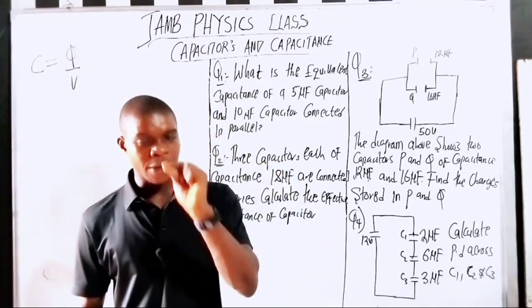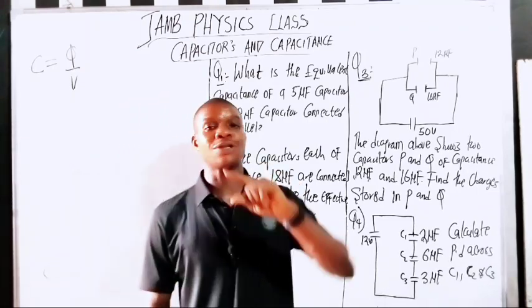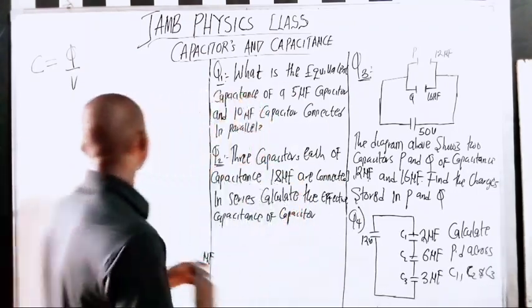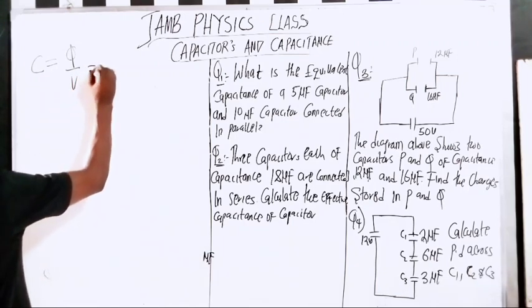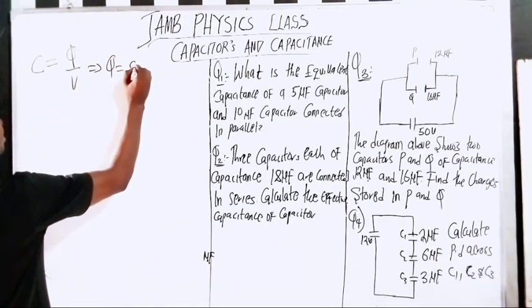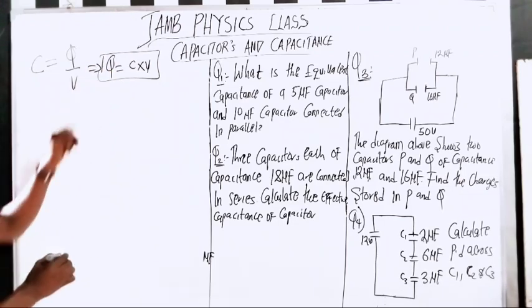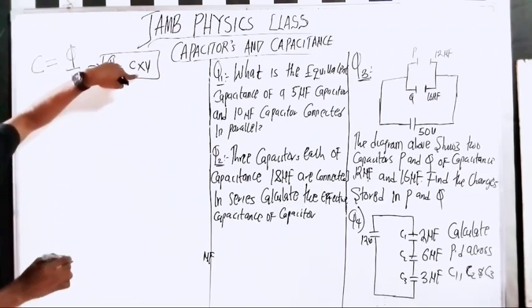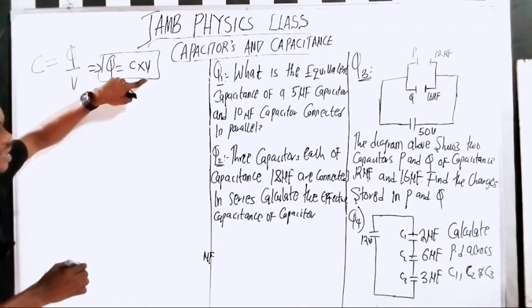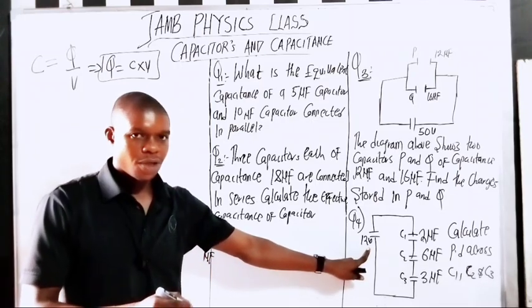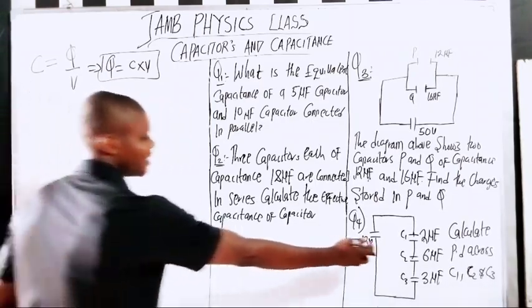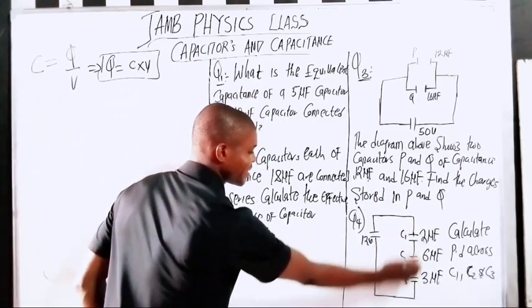For me to do that, I need to look for my total charge. To calculate total charge, Q equals C times V. That is, total charge equals the equivalent capacitance times the total voltage. Do you understand? Now, these are all connected in series.